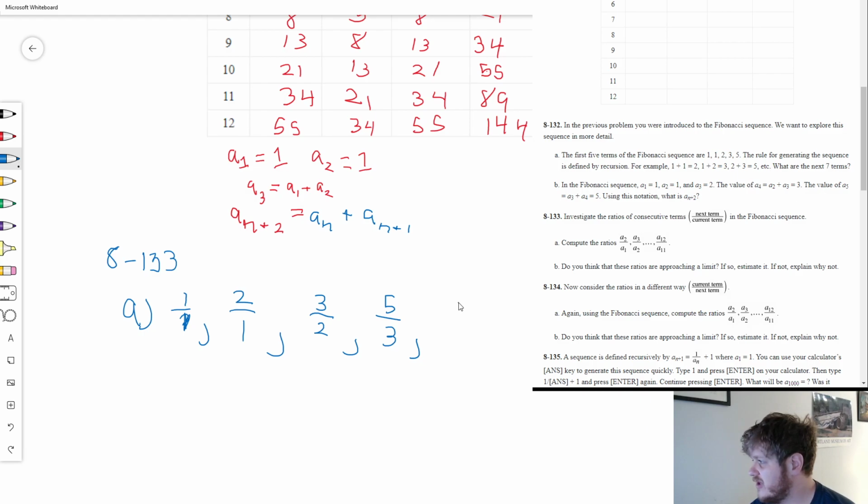And then it would be 8 over 5. And then finally 13 over 8, 21 over 13, 34 over 21, which I should probably move so y'all can see it.